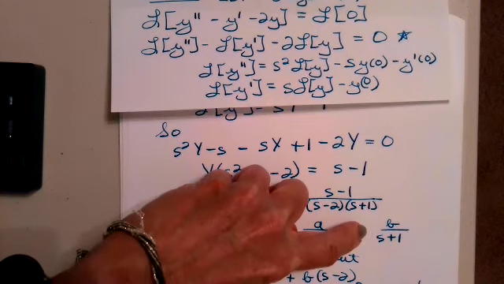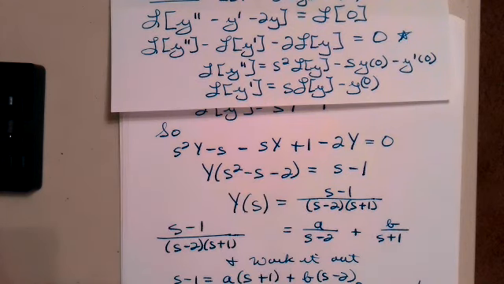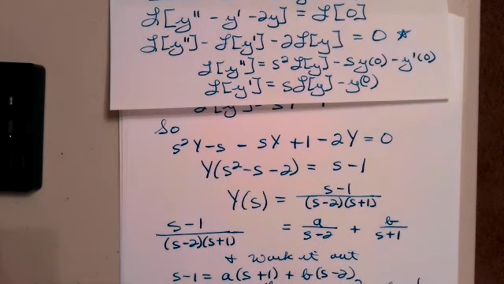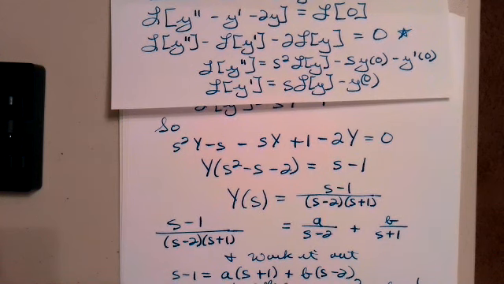And now you can ask which function has 1 over s minus 2 as its Laplace transform. Well, if you look back, we found that the Laplace transform of e to the at was 1 over s minus a.